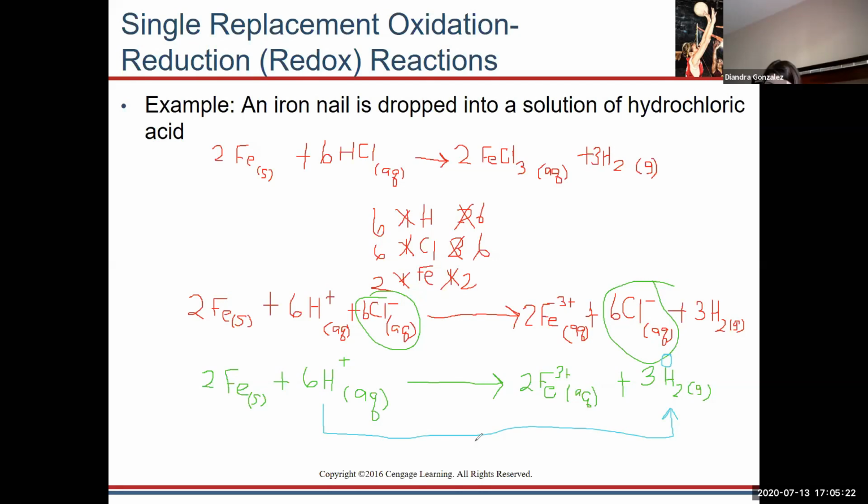Oxidized. What happens in the case of oxidation? You lose electrons. If I go from plus 1 to 0, am I losing an electron? No, I'm gaining an electron. So this is GER, which means reduced.